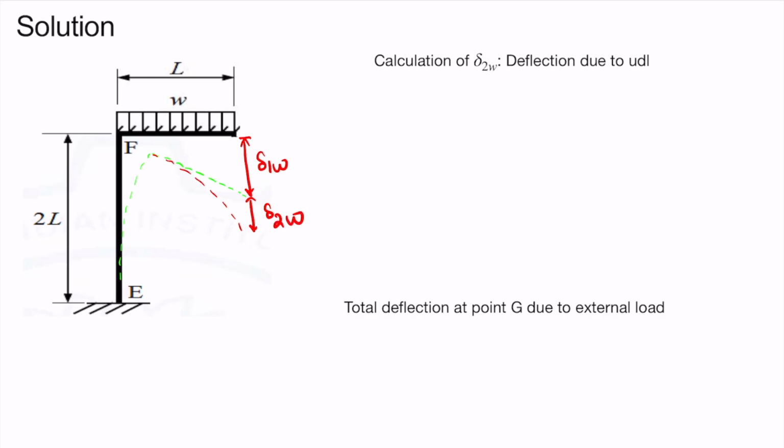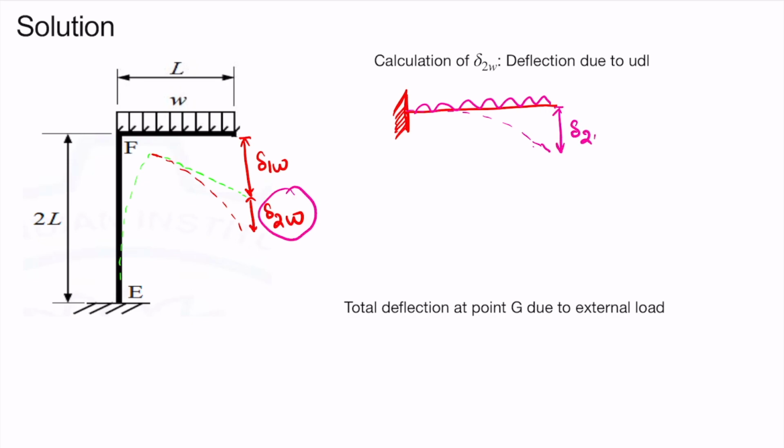Now delta 2 W is same as this case. Since this support is rigid, we can consider it like this, and the deflection due to this UDL is nothing but delta 2 W, this part.